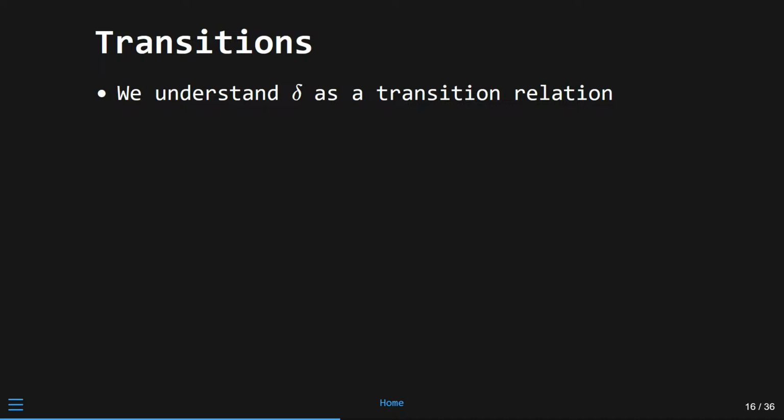Okay, we're going to do generalized NFA. We can understand delta as a transition relation. What does that mean? Well, we've shown that single letters are themselves regular expressions by definition, right? And that singular letters still constitute DFAs or NFAs, right?